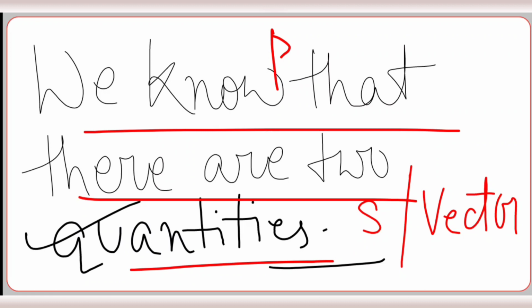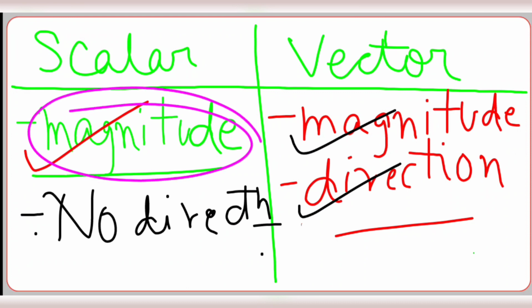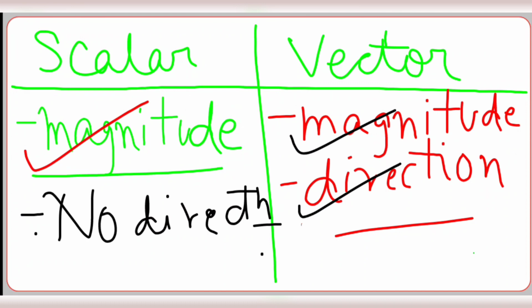Here we have the two quantities, scalar and vector. In a scalar quantity, we only have magnitude, and in a vector quantity, we have both magnitude and direction.